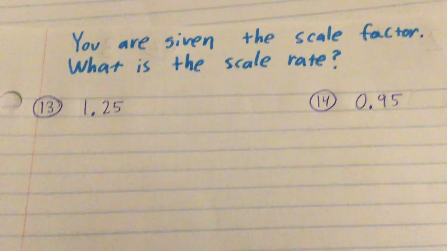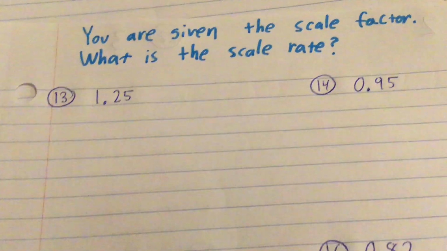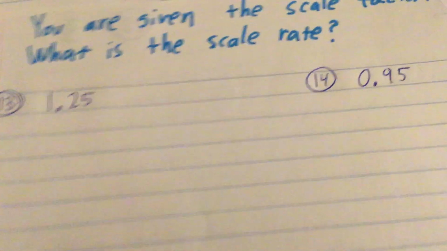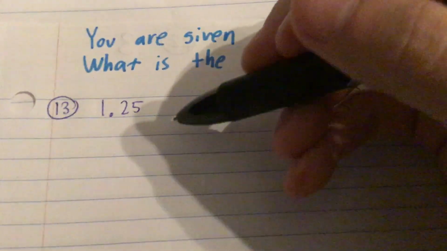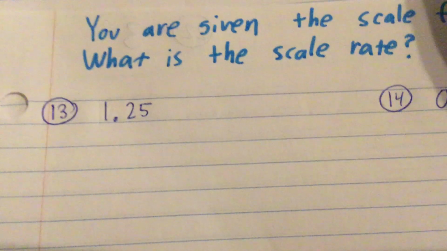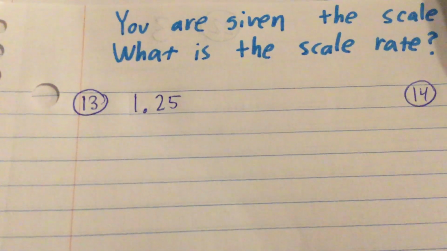Okay, now for the next 12 problems, we're going to go in reverse. This time, I give you the scale factor. What does the scale factor tell you about the scale rate? Growth or decay? Let's take a look at this. Is the scale factor bigger than 1 or between 0 and 1?